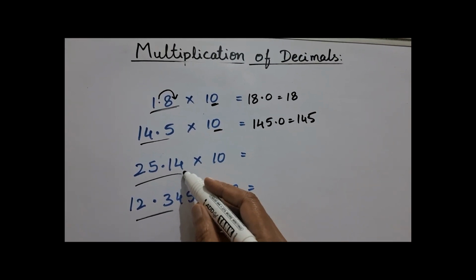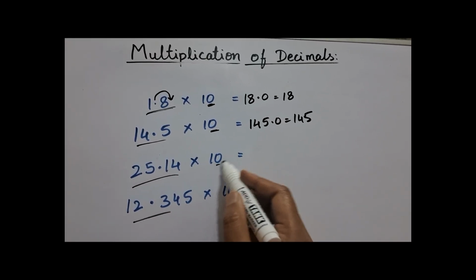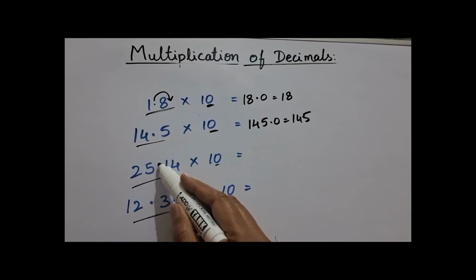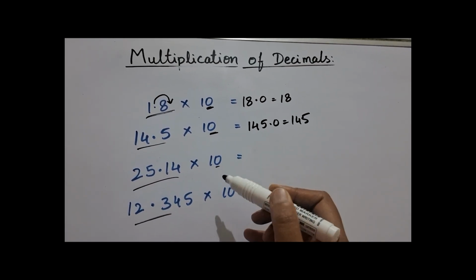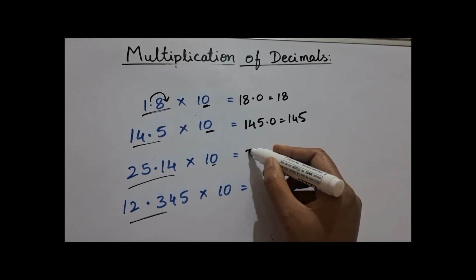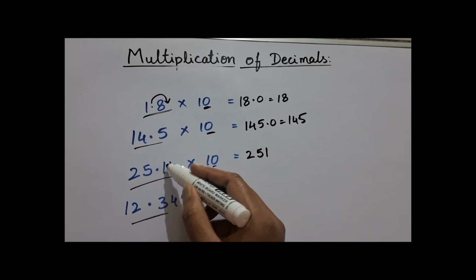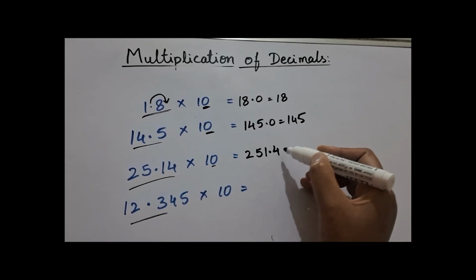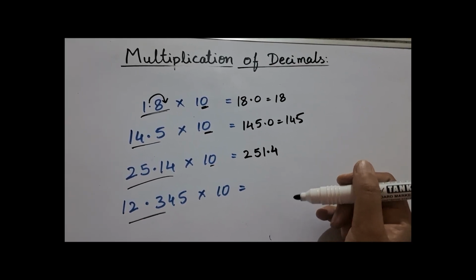Coming to this example, children, 25.14 into 10. 10 is having 1 zero, so the point jumps 1 digit in the right side. That means it will become 251.4. This is the answer. Isn't it very easy, children?